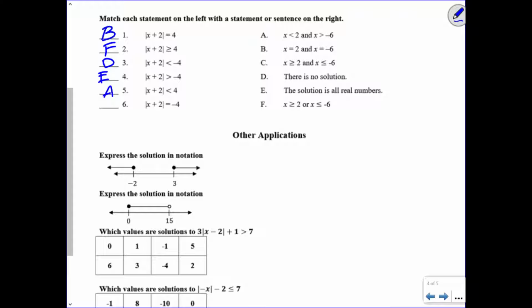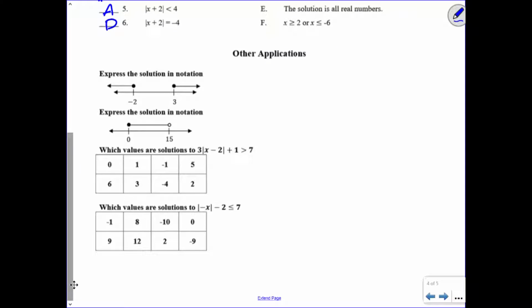Equal to negative. That one's no solution. Can't be equal to a negative number. Remember, the two that are no solution are when you're equal to or less than a negative number. Greater than a negative number is all real numbers. Alright. So you can figure that out. You can match up whether it's and or or just by looking at these expressions.